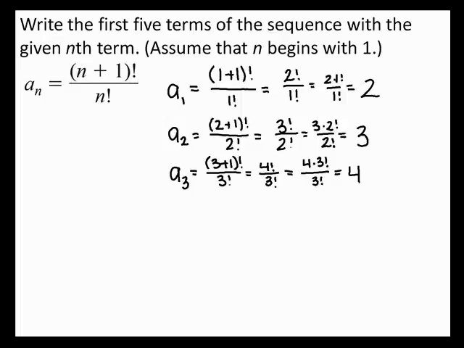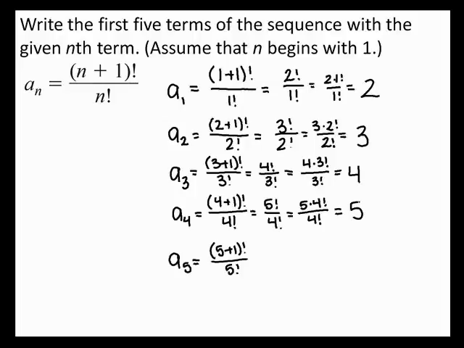Substitute 4 in for n. Simplify 4 plus 1. Factor 5 factorial into 5 times 4 factorial. Simplify 5 times 4 factorial divided by 4 factorial. You find that a sub 4 is equal to 5. Substitute 5 in for n.